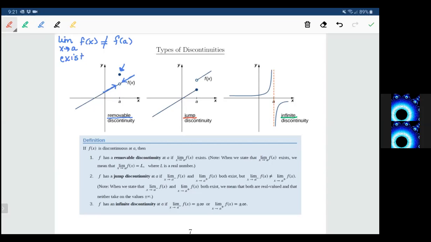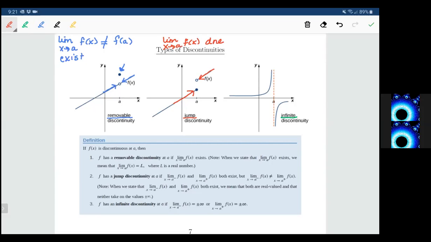In a jump discontinuity, the full limit as x approaches a of f of x does not exist. But the reasons for it are different. If we look at the right-hand limit, it approaches a value, and the left-hand limit approaches a value.